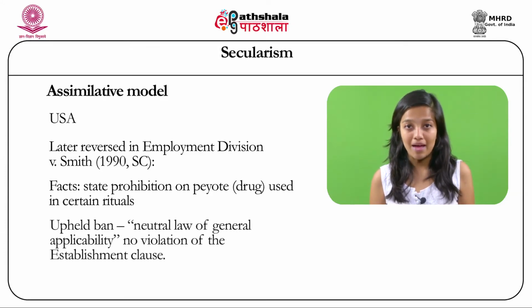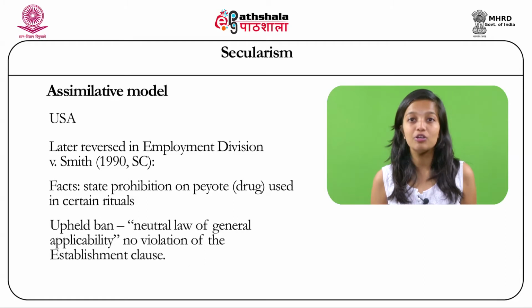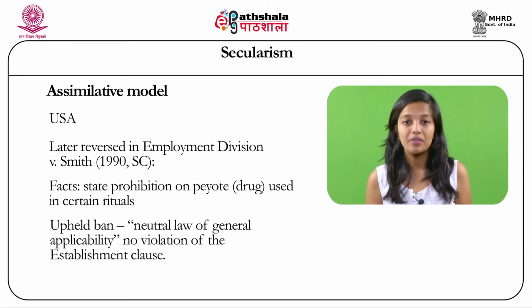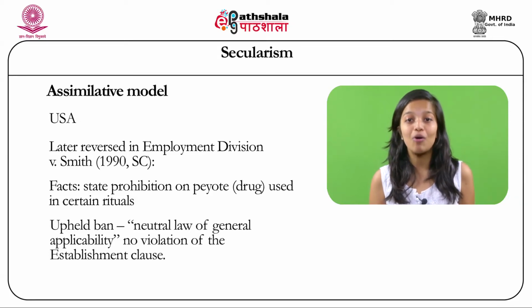In upholding the ban, the court stated that the law that had been put into place was a neutral law of general applicability. This means that it wasn't directed against any particular group, but it was a law that applied to all individuals equally by virtue of just being citizens of the United States. Therefore, there was no violation of the Establishment Clause in this particular case.